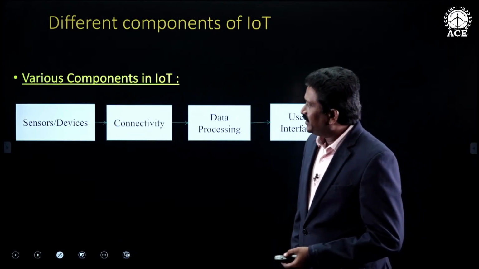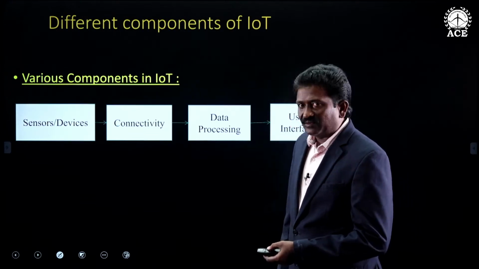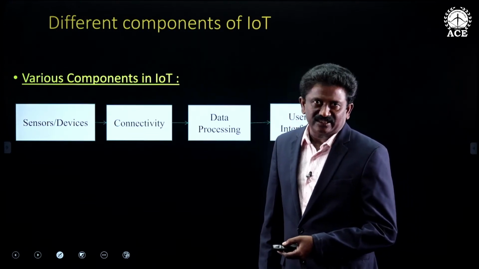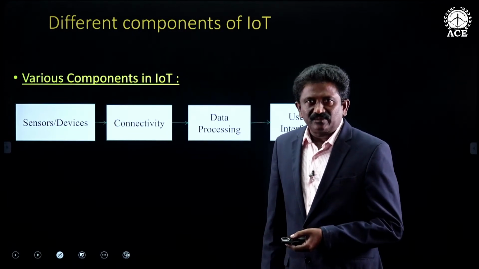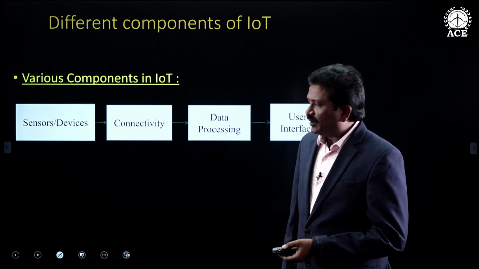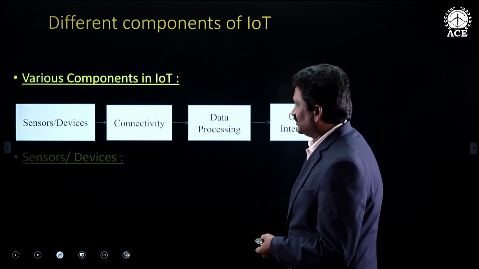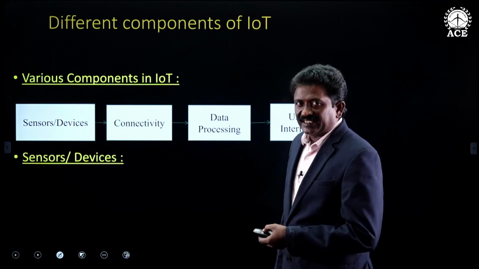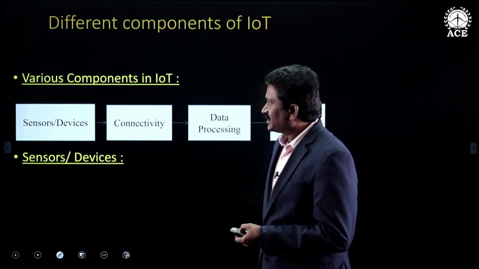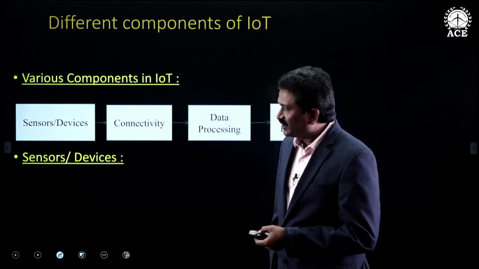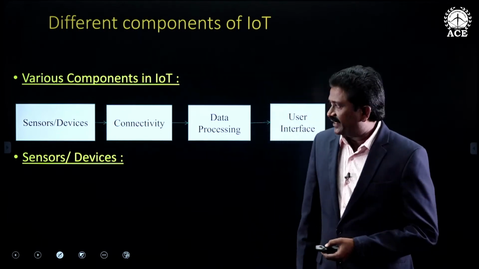To run any sensor, we need a particular setup, that means you should provide power to sensors also. In the same way, devices. Devices means the entire system. With the help of sensor, device and actuator, you can gather information from the outside.